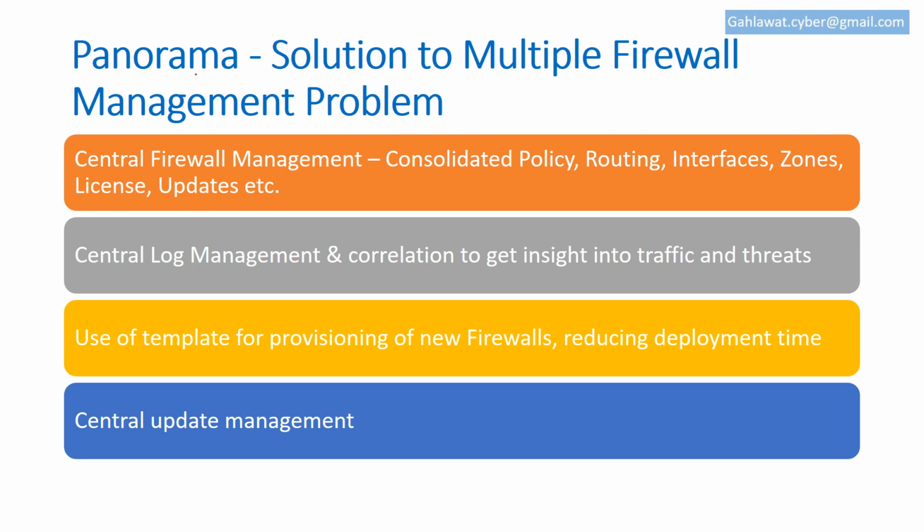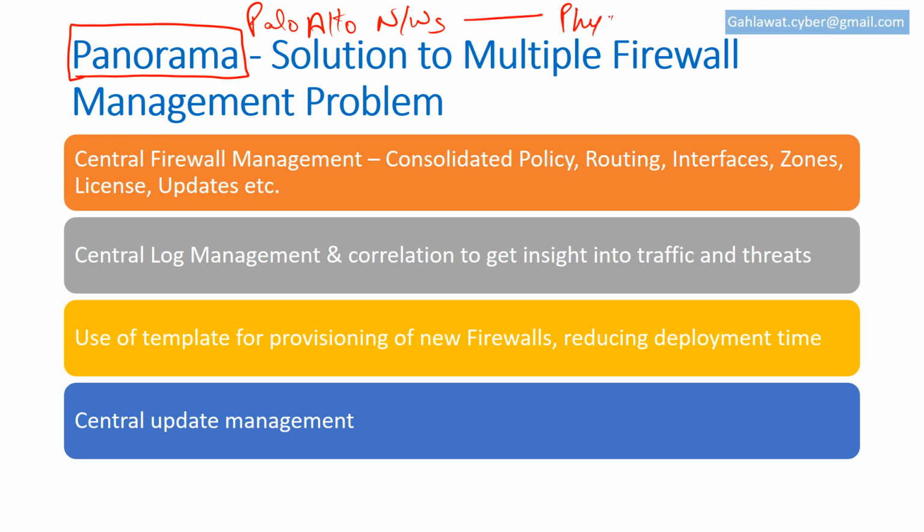Now Palo Alto has provided a solution to that problem which we discussed in the previous slide, and that solution is called Panorama. It is a product provided by Palo Alto Networks, and it can be a physical appliance or it can be a virtual appliance, and it can be deployed in the cloud as well.